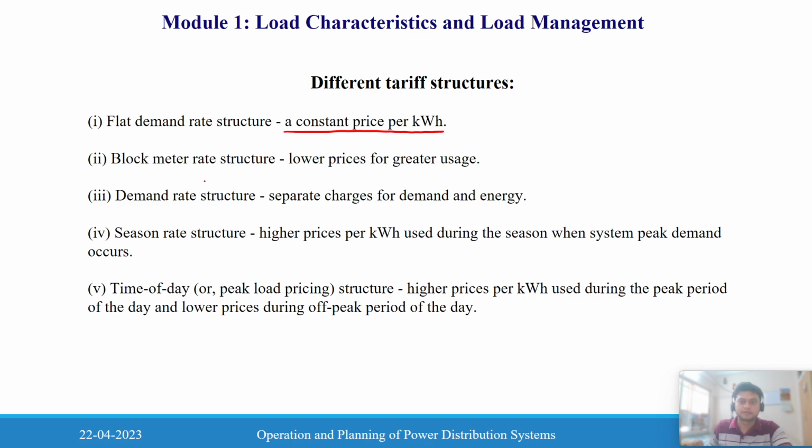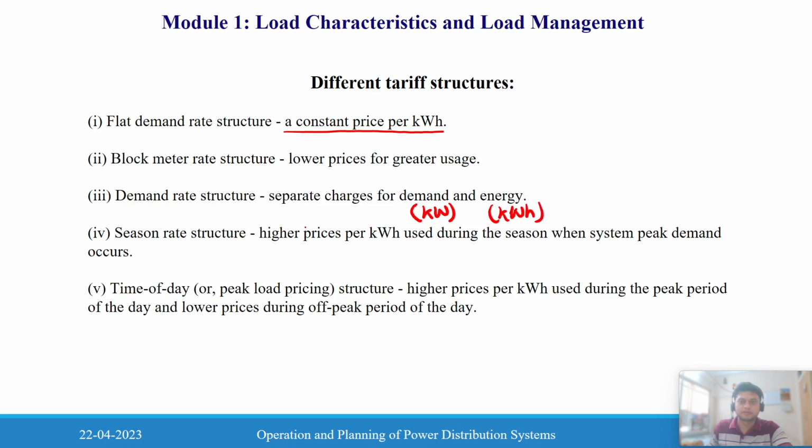And the block meter rate structure, lower prices for greater usage, meaning the slope of energy rate versus time varies upon greater usage. And the demand rate structure has separate charges for demand and energy, meaning a separate charge for kilowatt, and for energy a separate charge for kilowatt hour.